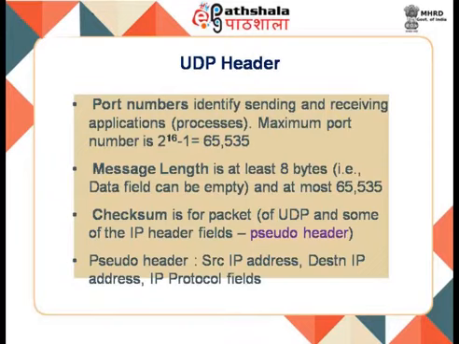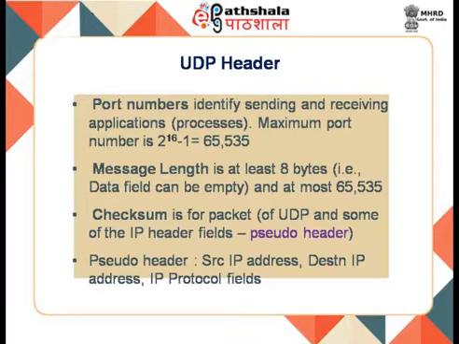We said that there are 4 parameters which identify an end-to-end connection: the source IP address, source port number, destination IP address and destination port number. We have the port numbers in the UDP header, but we do not have the IP addresses. So, these IP addresses are taken from the IP header, and this combination of source IP address, destination IP address plus the IP protocol field is used. The IP protocol field will identify that it is the UDP protocol that is being used.